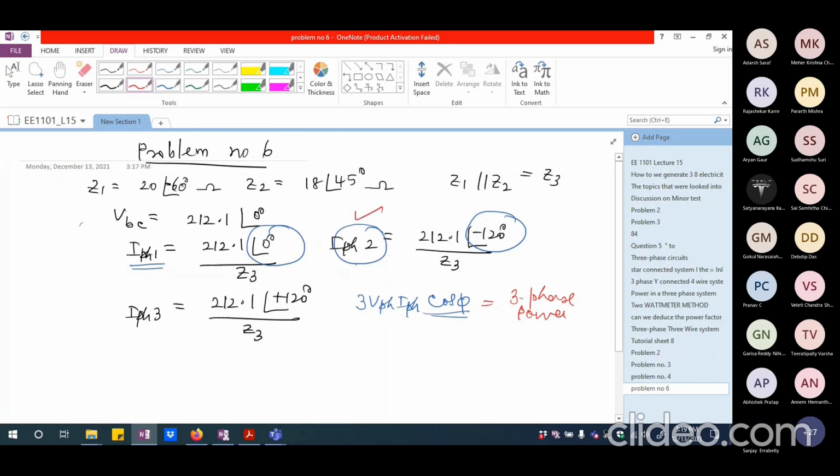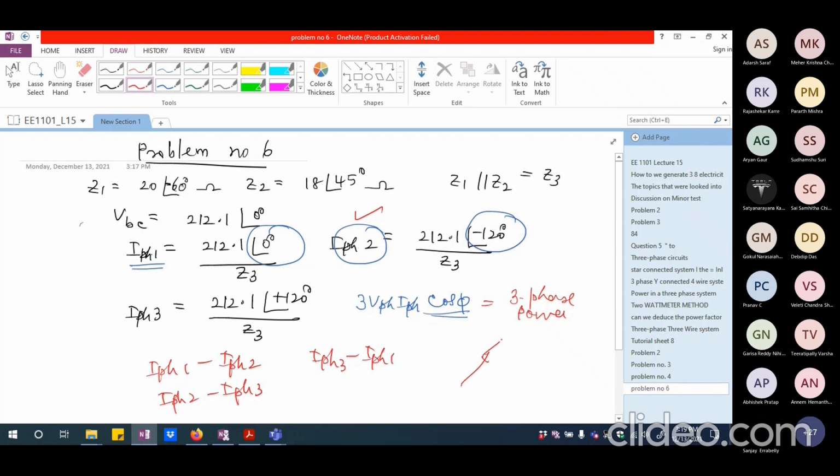Please note I have calculated phase current, not line current. If I want line current, what should I do? I should say either I phase 1 minus I phase 2, or I phase 2 minus I phase 3, or I phase 3 minus I phase 1. Either way is fine.